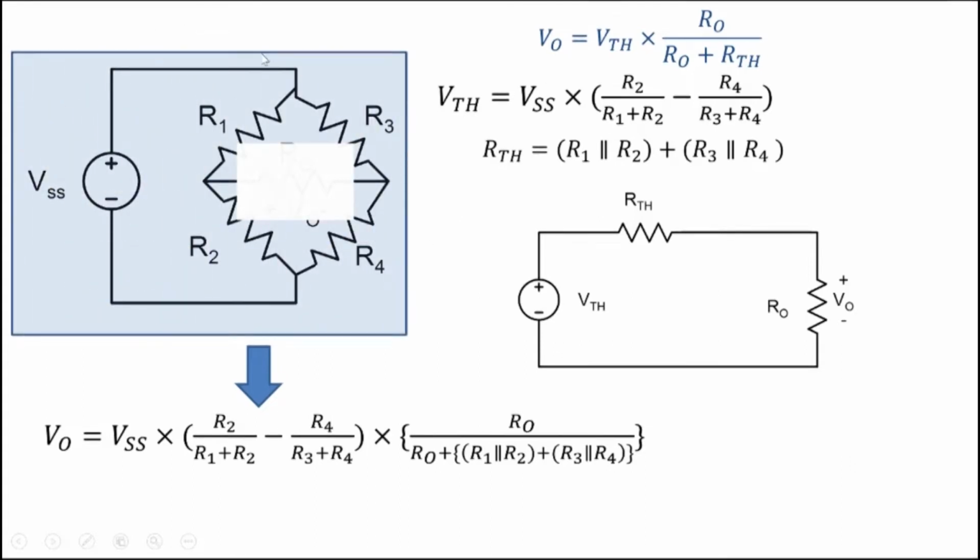So this whole circuit that you see here with R0 removed, when we look at these two terminals, can be transformed into a voltage source and a resistor. That's what this particular expression is telling us.